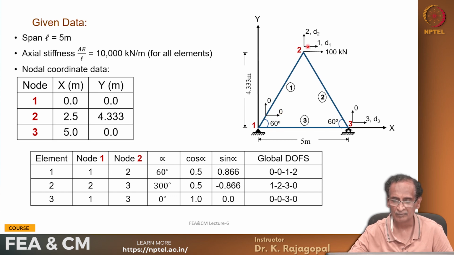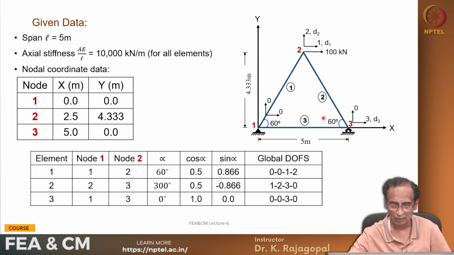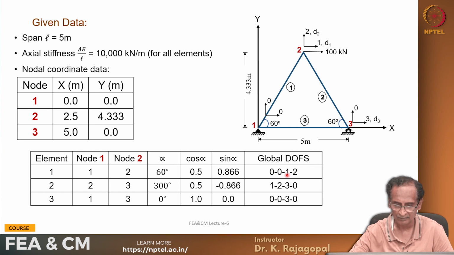At node 2, we have the degrees of freedom 1 and 2. Let us call them d1 and d2. At node 3, the degree of freedom along the x-axis is free, that is active degree of freedom d3, and let us say that along the y-axis it is fixed, 0, because it is on a roller. And so, the connected degrees of freedom are like this: 1, 2, 1, 2, 3, 0, 0, 3, 0 and so on.